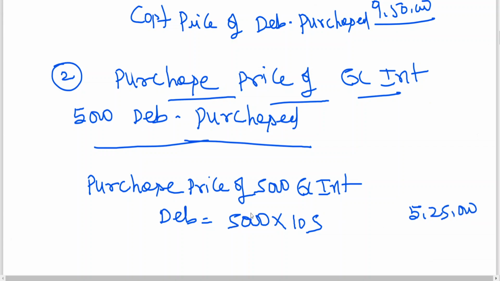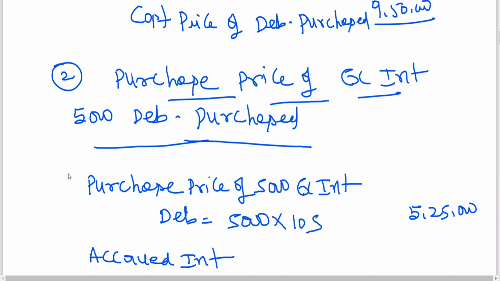Now this is the purchase price, and you should calculate accrued interest. The purchase price of ex interest 5,000 debentures is nothing but the cost price only, because accrued interest is not included in this. But we should calculate accrued interest separately.